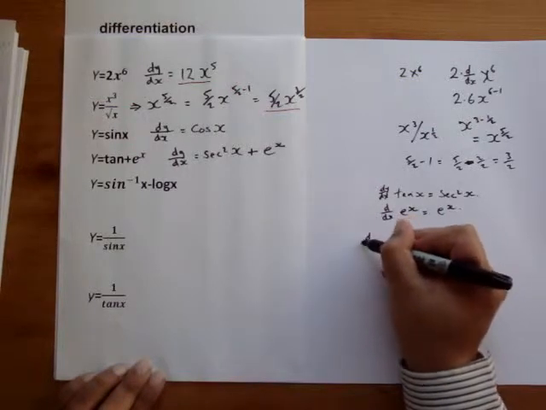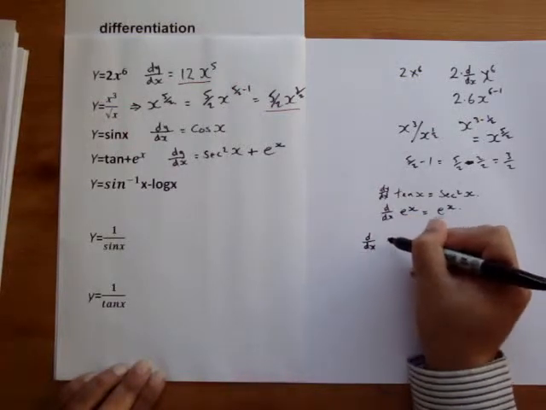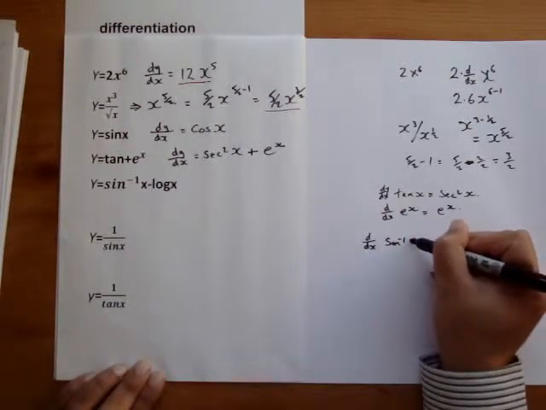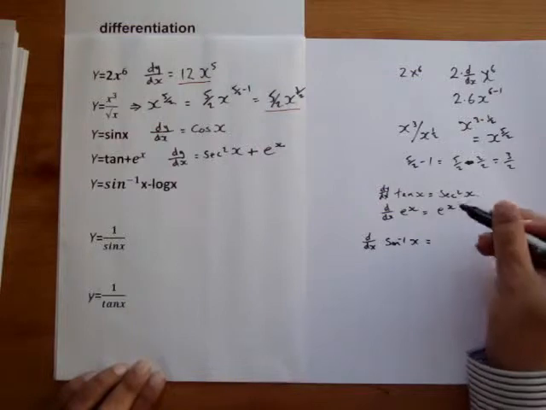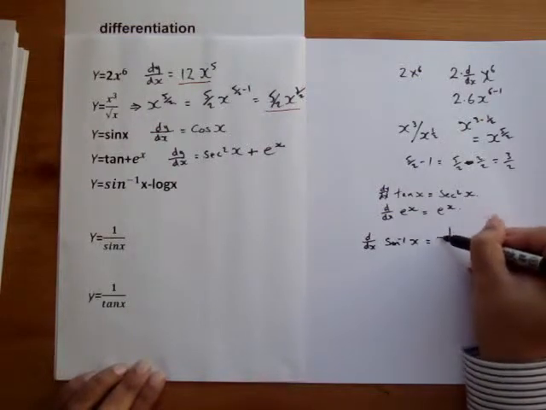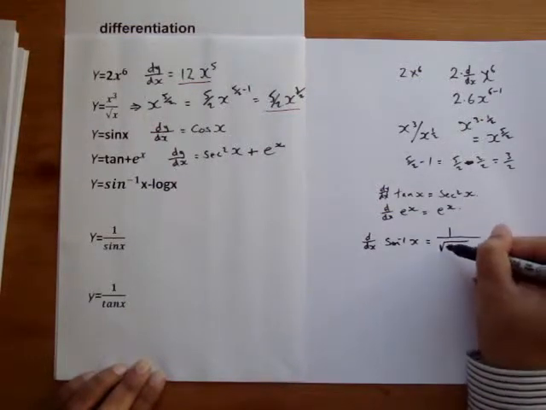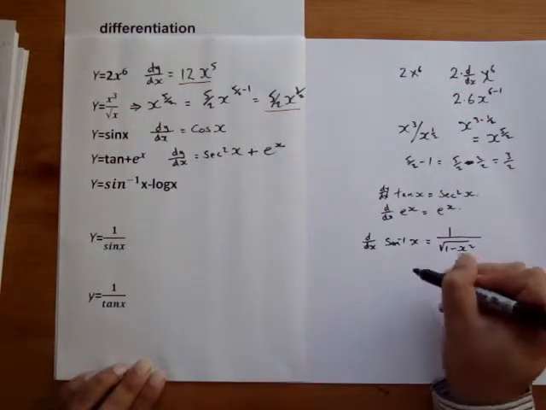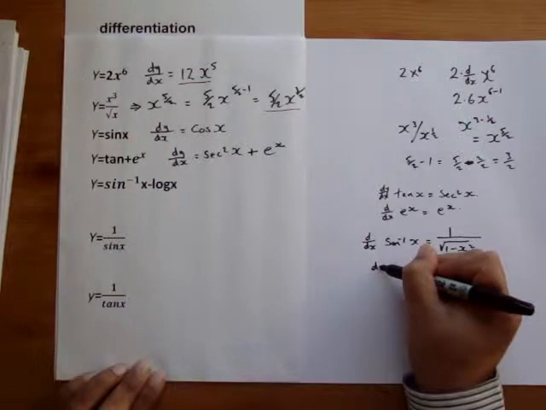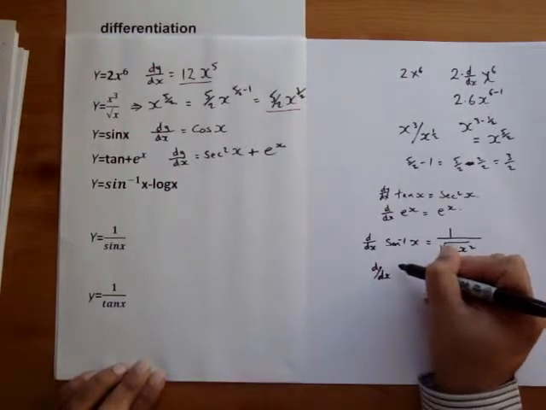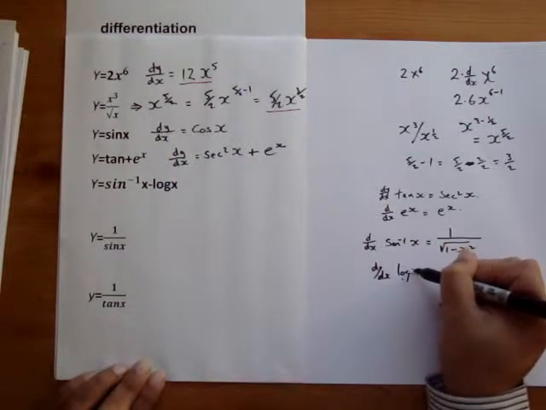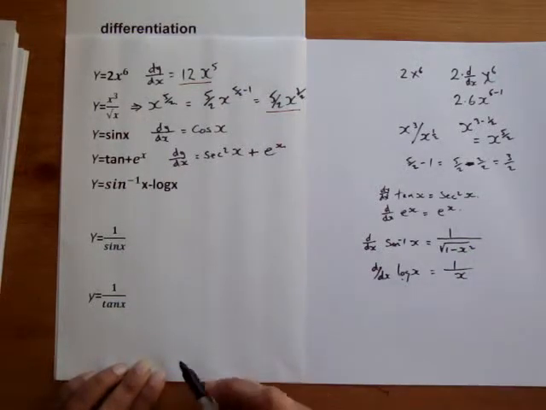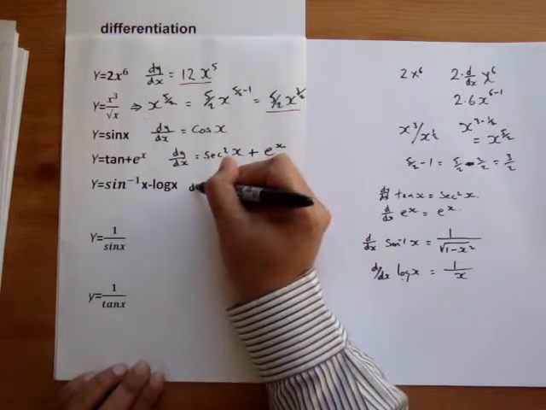So the derivative of inverse sine x is 1 over square root of 1 minus x squared, and the derivative of log x is 1 over x.